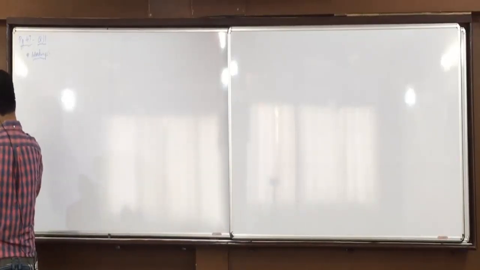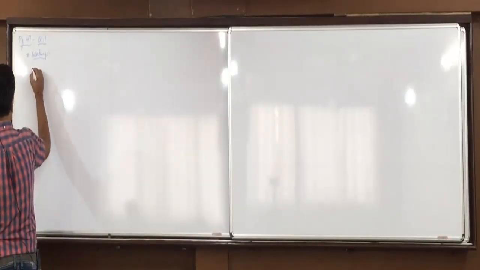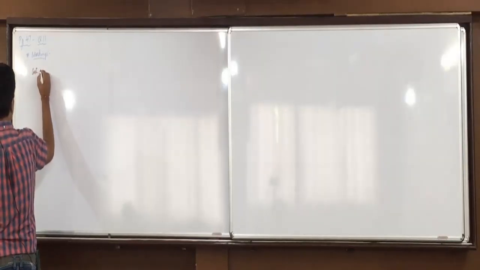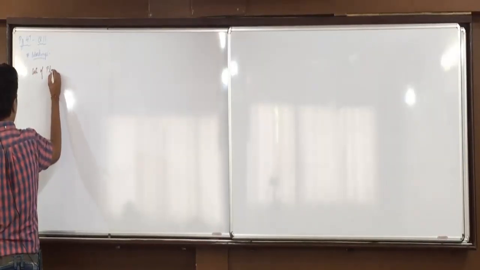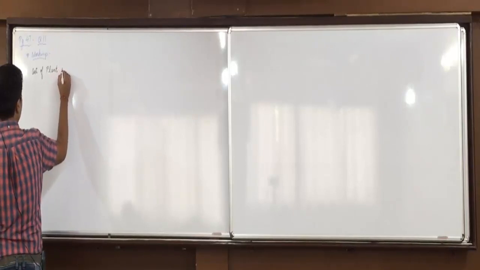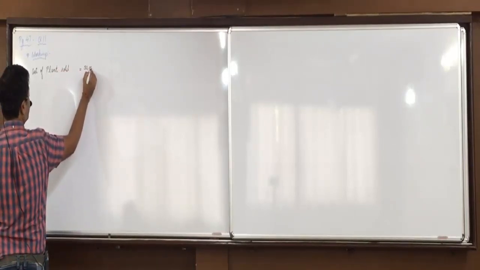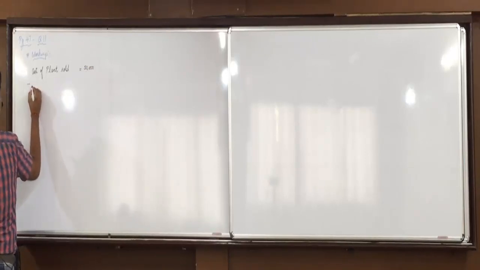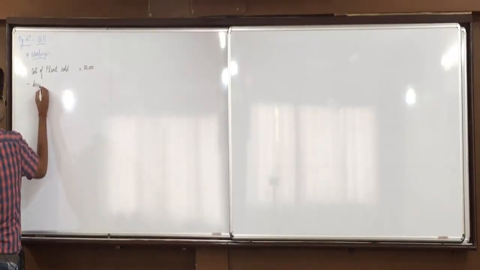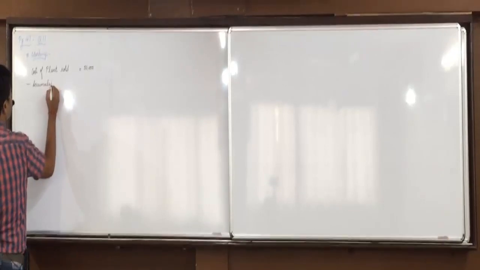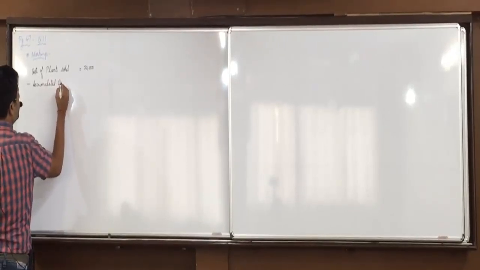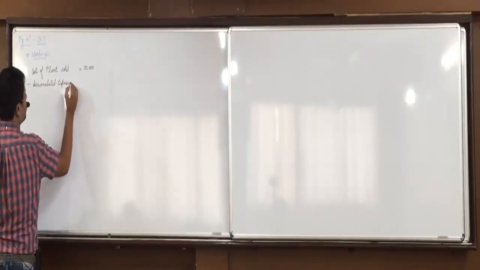Write it down. Cost of plant sold is 50,000, minus accumulated depreciation of 20,000.